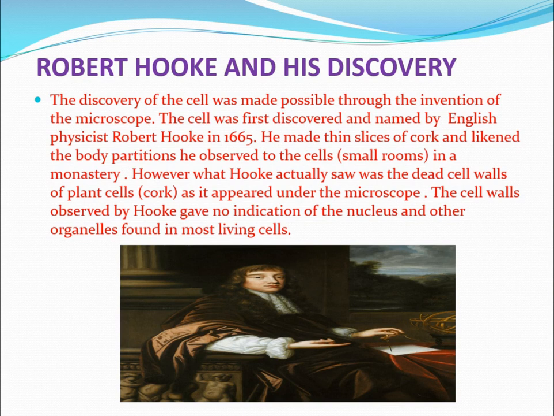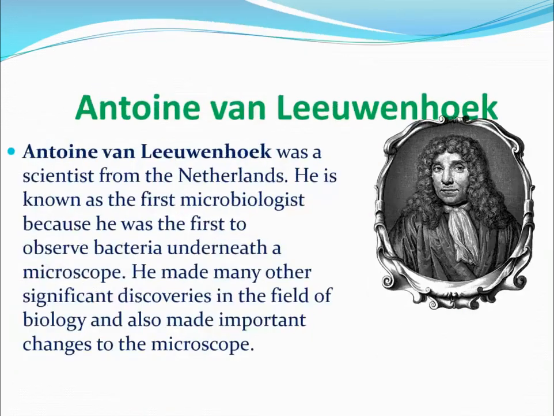The cell walls observed by Hooke gave no indication of the nucleus and other organelles found in most living cells. So I think you are able to understand the discovery of Robert Hooke. Let's move to the next slide.